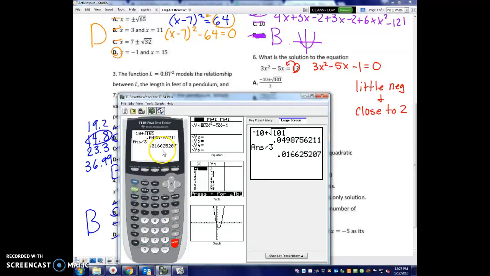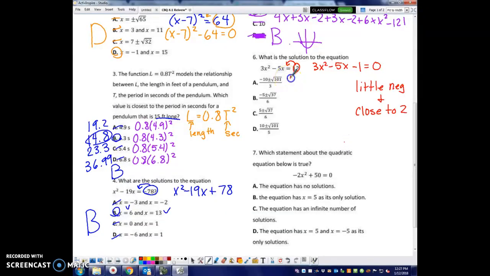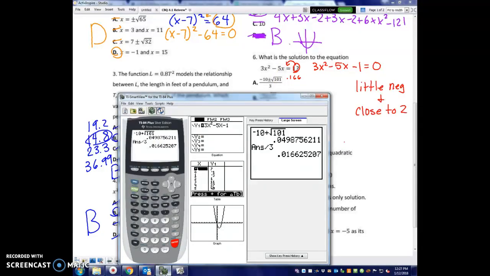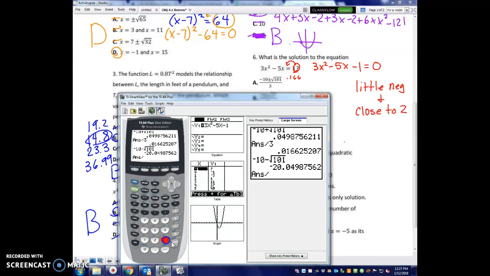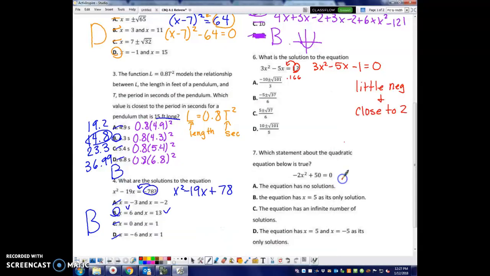So this one is 0.166. Now we need to find the other one by doing negative 10 minus the square root of 101. Hit enter. Then divide by 3. So this is negative 6.68.